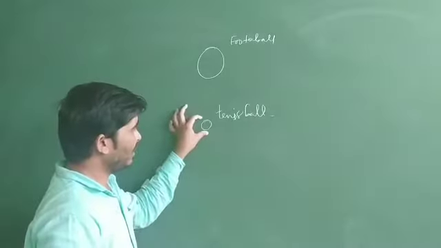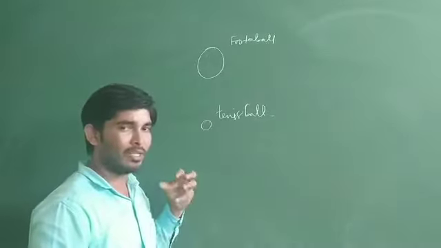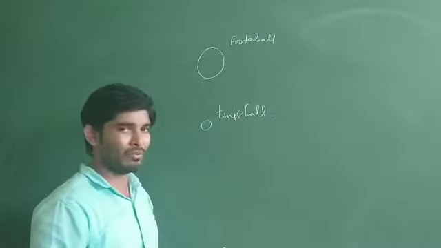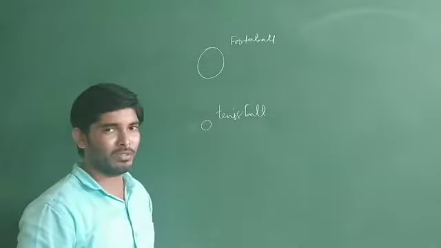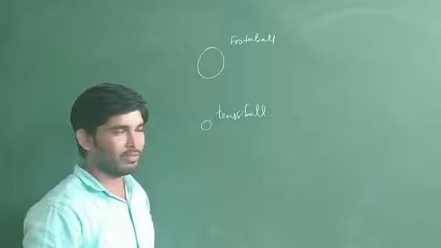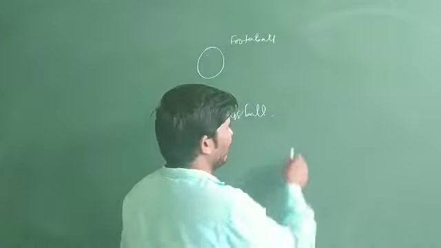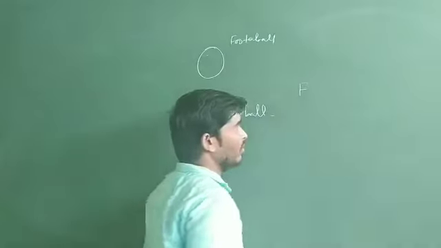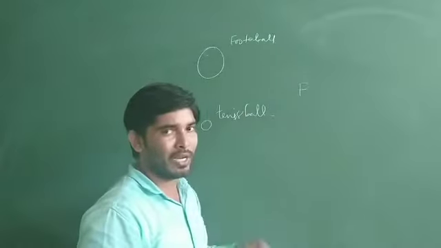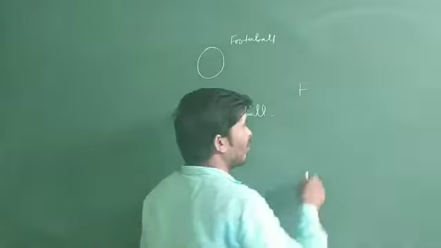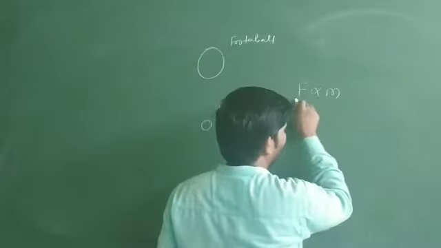If the mass is less, we need to apply less force, as on the tennis ball, to produce the same acceleration. Thus, the force needed to produce an acceleration in a body directly depends on the mass.